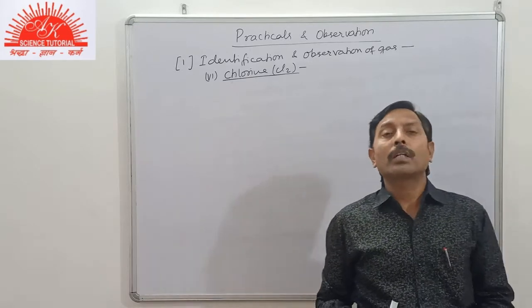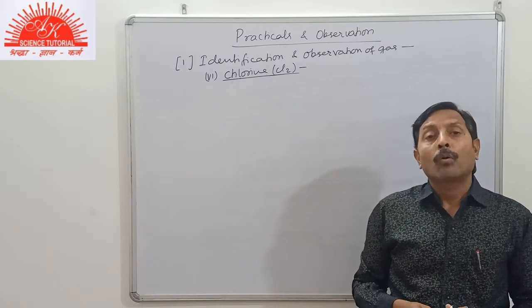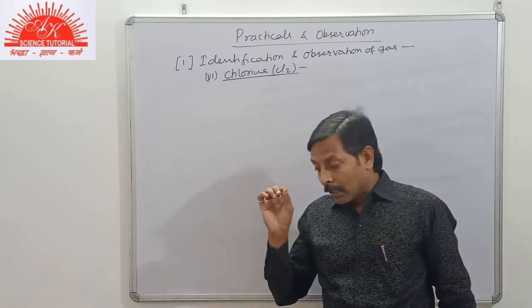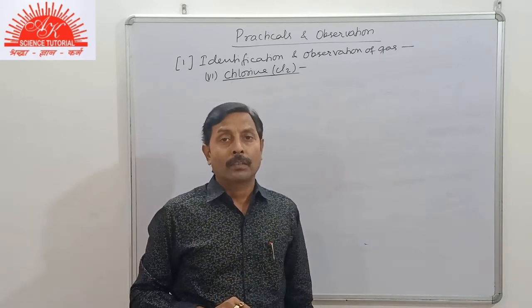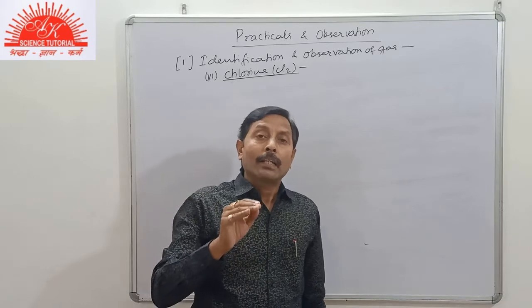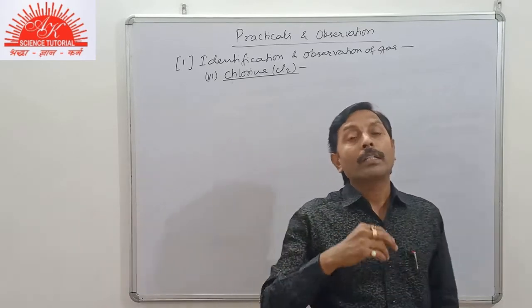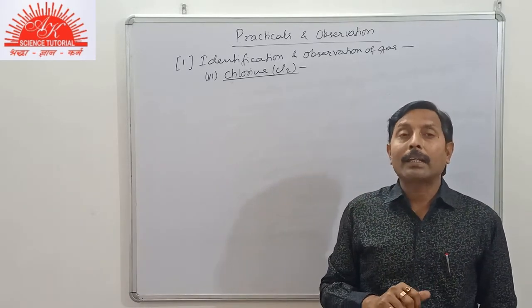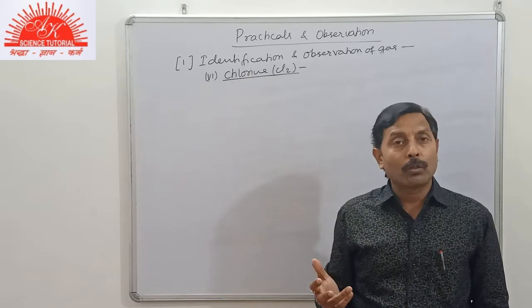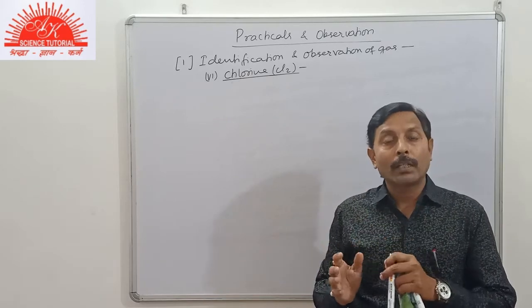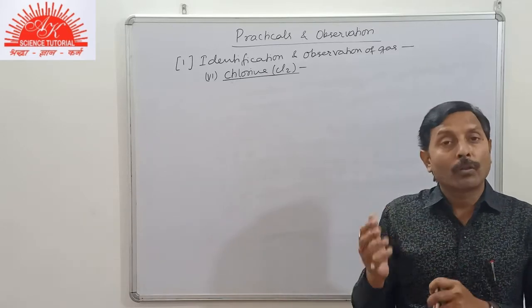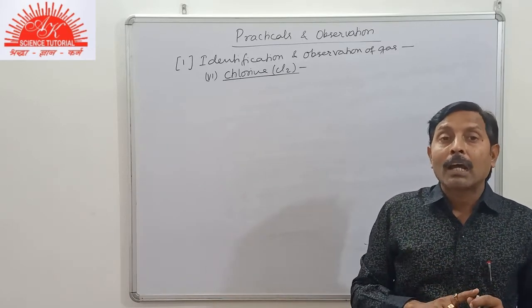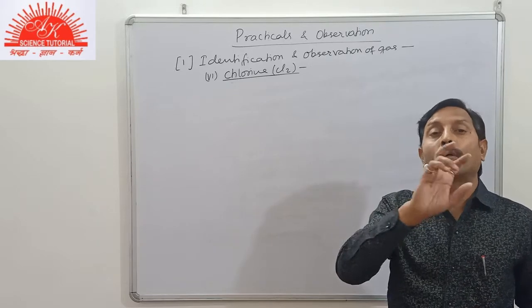Now, how is the chlorine gas produced? When concentrated hydrochloric acid is heated with an oxidizing agent like MnO2, PbO2, Pb3O4, K2Cr2O7, KMnO4, in that case chlorine gas is produced.